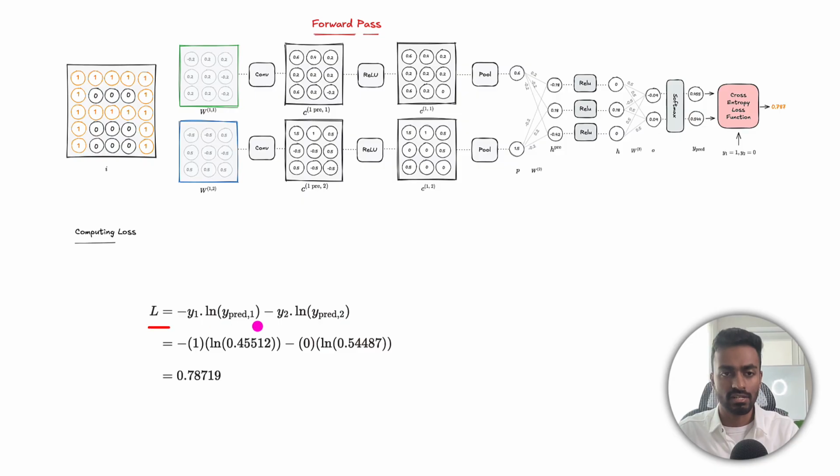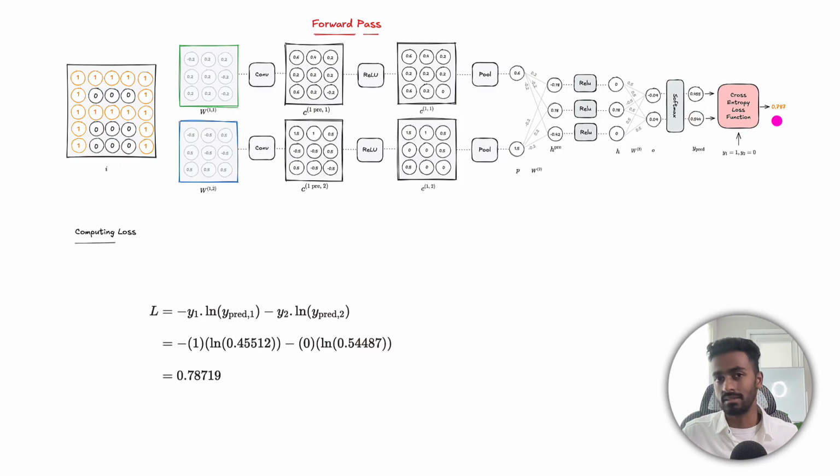And the loss function is going to be negative y1 times log of the prediction minus y2 times log of that prediction. So that's 1 times log of 0.455 minus 0, which is 0.787, which is exactly what we write over here. And this completes the forward pass for this single example.